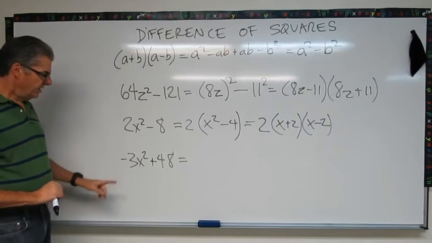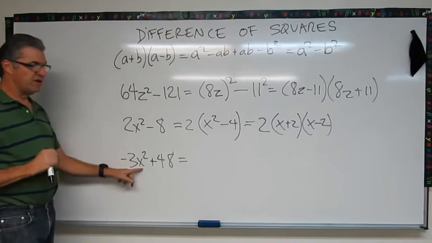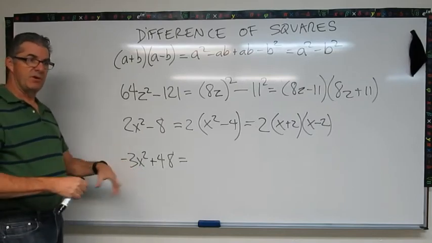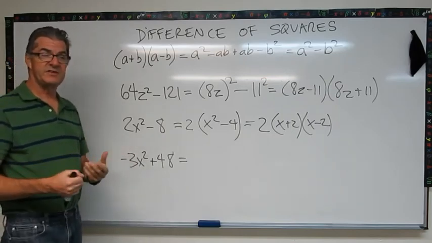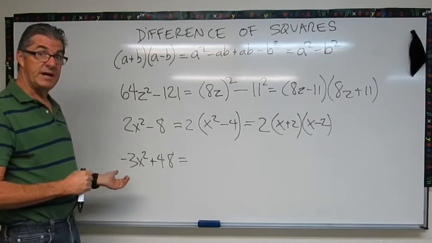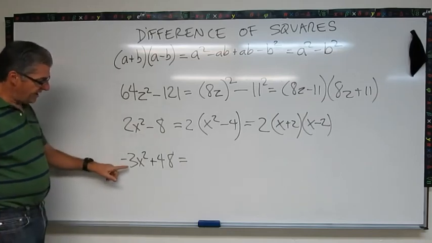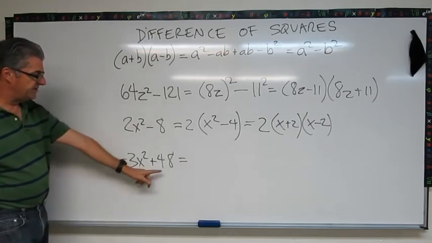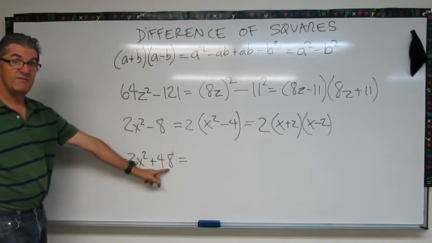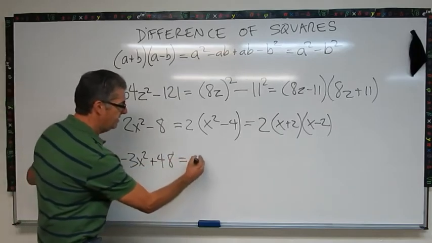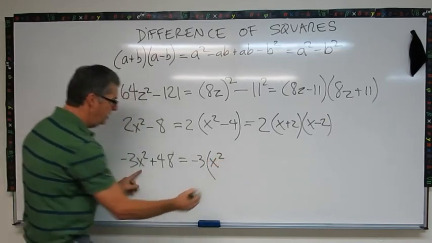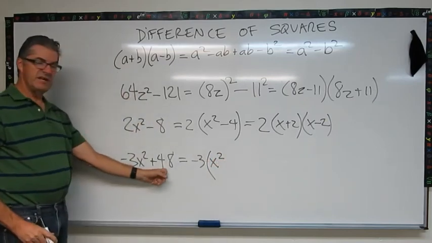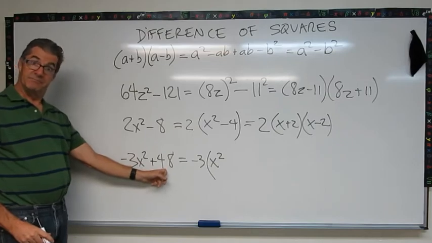Okay, check this out. We don't like minus signs in front of our x squared term. This is pretty much a universal thing when you're factoring and expanding and doing all the other things that we're going to do later with these types of problems. So there's a minus 3 I can factor out because I can factor out a minus 3 from 48. So watch this. Minus 3 times, what's left? X squared. Now, what times 3 makes 48? 16.